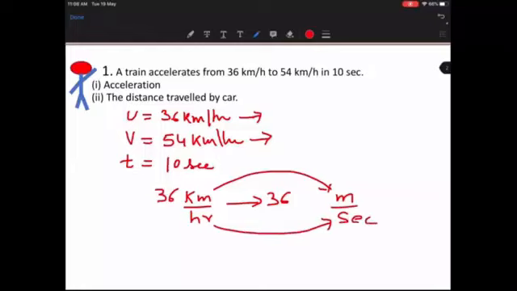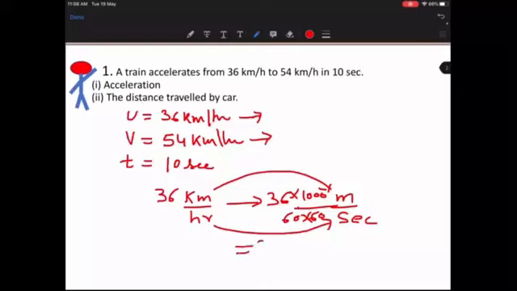So first tell yourself, what is 1 kilometer in meters? 1 kilometer is equal to 1000 meters. Then what is 1 hour? 1 hour is equal to 60 into 60 seconds.